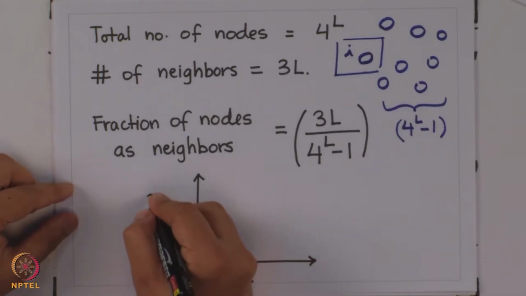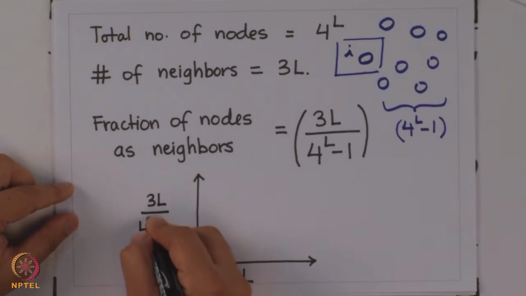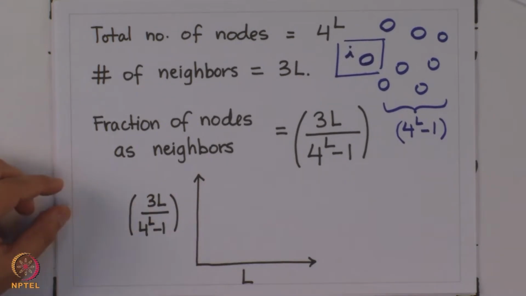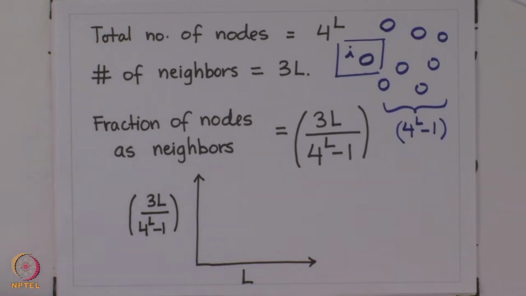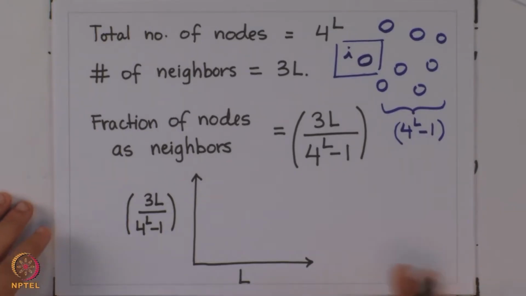So, on the y axis I want you to plot 3L divided by 4 to the power L minus 1. Perhaps you can pause the video and come up with a very qualitative estimate of what you would expect intuitively this relationship should look like.